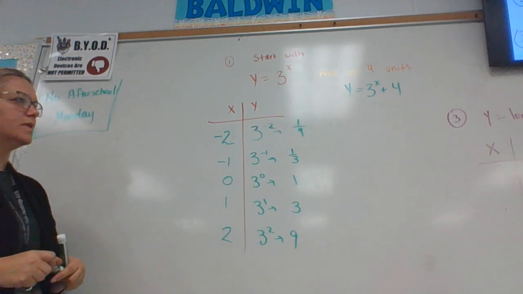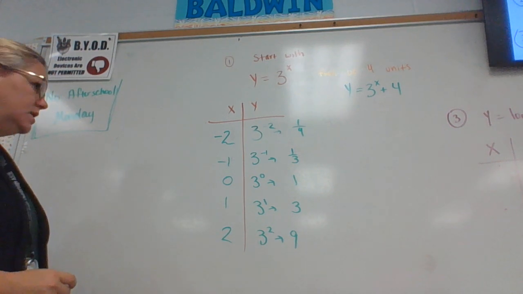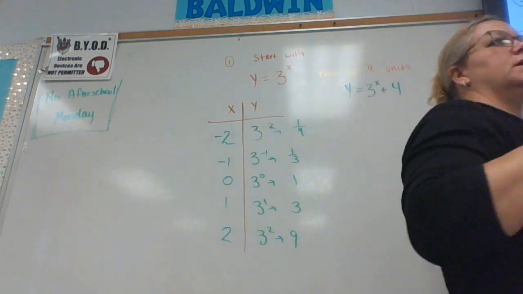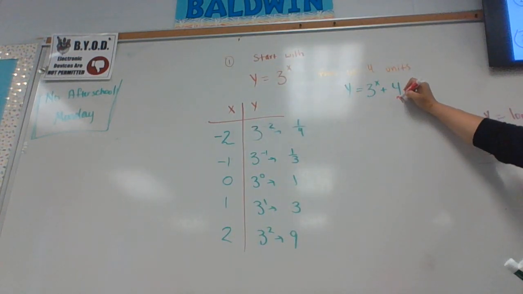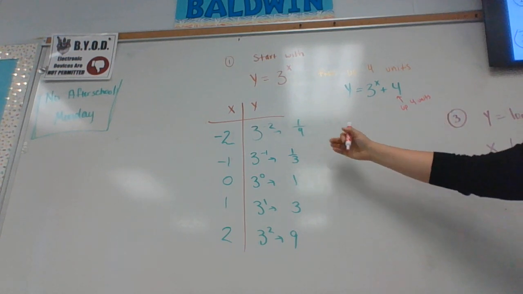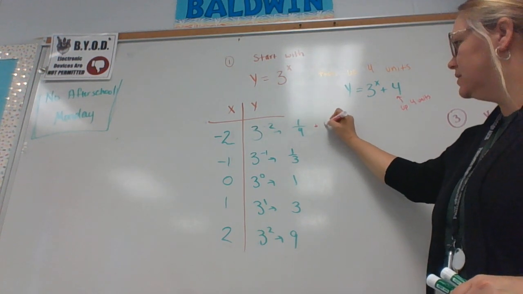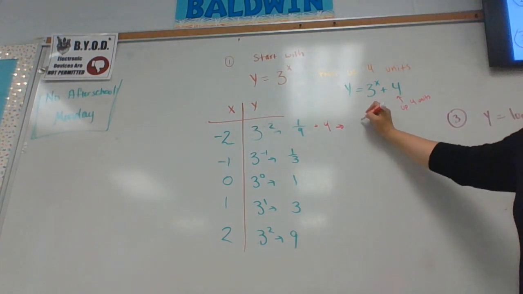Then in the problem, it's actually 3 to the x plus 4. So this plus 4 is a vertical translation up 4 units. So you can graph this and just count 4 if you want, or you could actually add 4 to these.